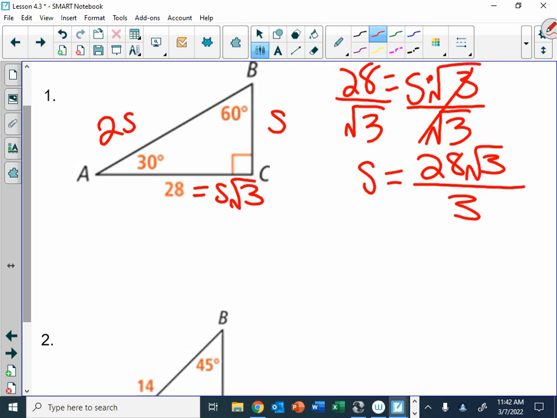28 divided by the square root of 3. S equals that mess. You're probably not sure. Hit second, so hit the green button and then the next square. 28 divided by second.